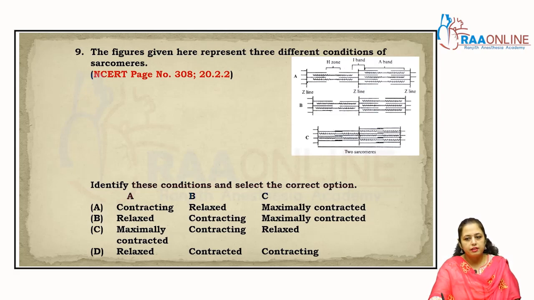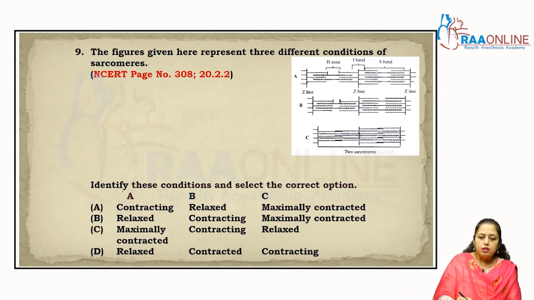In the second, the H zone is smaller, which means the distance between both actin filaments decreases, right? So there is contraction, the contracting phase, that's why the difference between them decreases. In the third one, it shows the maximum contraction. So the first one is relaxed, the second is the contracting phase, and the third is maximum contraction.